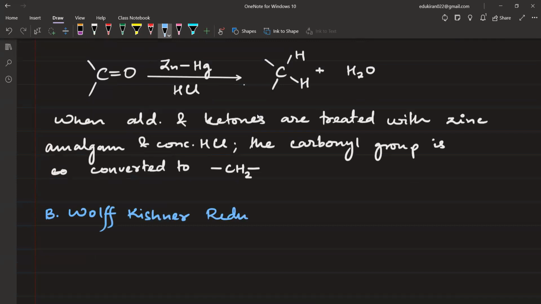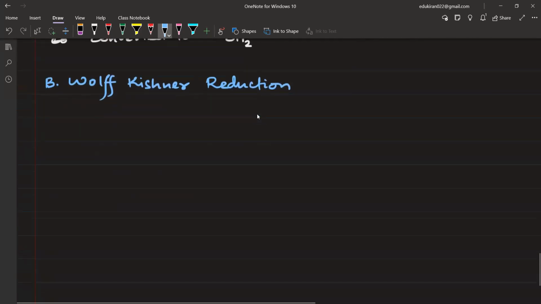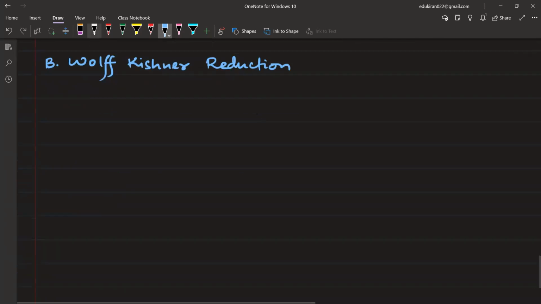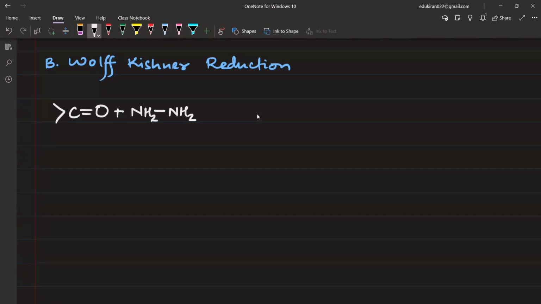Wolff-Kishner reduction. Right here. Carbonyl reacts with NH2, NH2, and it gives, if you remember, this is hydrazine.